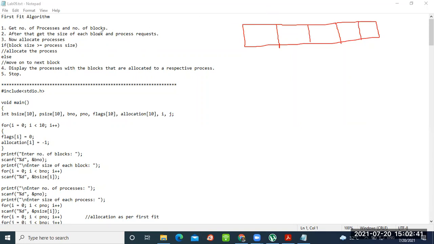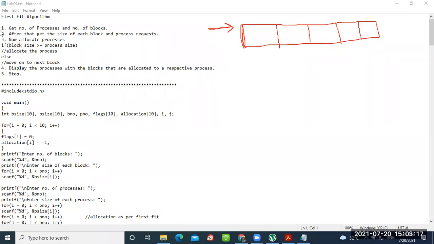Whenever we go for the first fit algorithm, the very first process that is requested will start from the very first block. Every time a process requests, we always start from the very first block, and the first block which is suitable enough will be assigned.